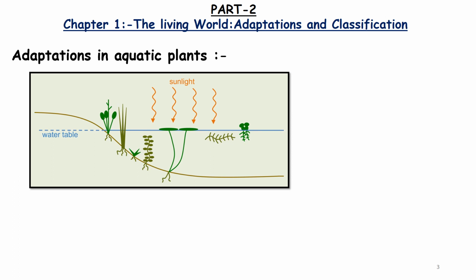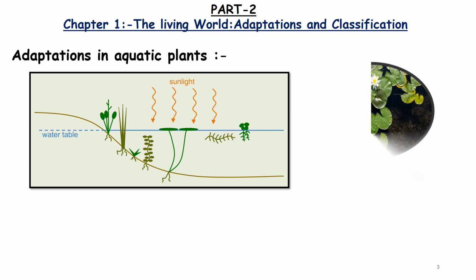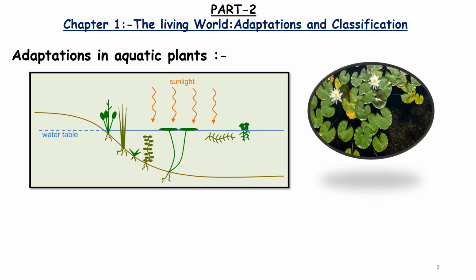Yes, their stems are submerged means their stems are fully inside the water, while leaves and flowers float on the surface. For example, lotus. We can see the flower and leaves of lotus on the surface of the water, and the stem is fully submerged in the water.